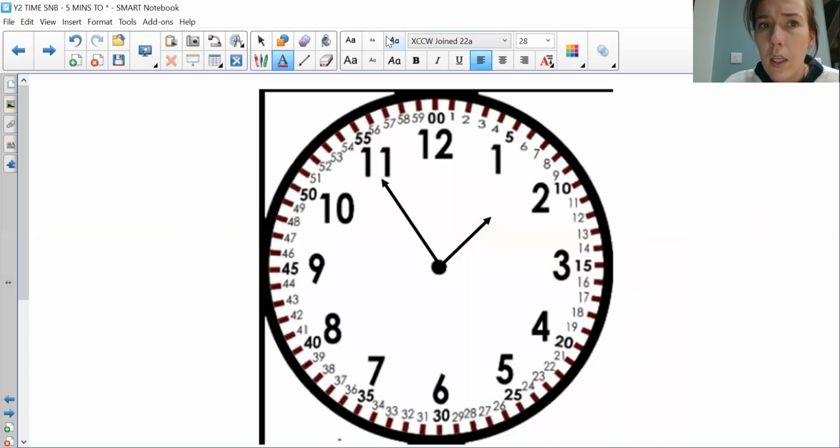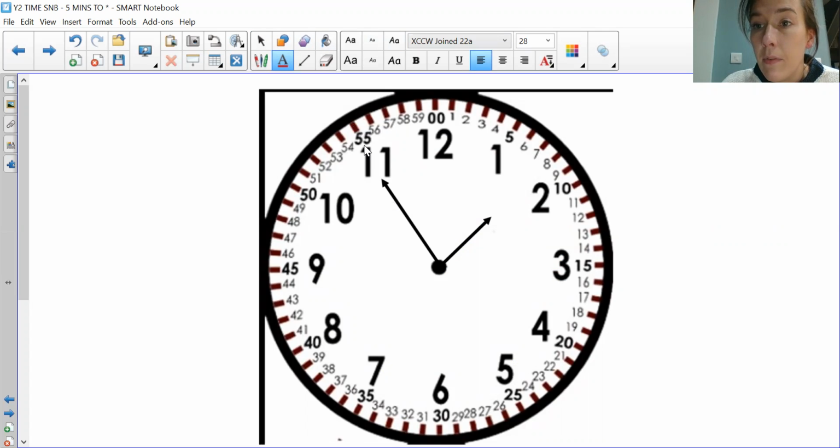Right, so if we're looking at digital times, we're looking at the number, the minute number, sorry, that the long minute hand is pointing to. So on this one, the long minute hand is pointing to the 55.